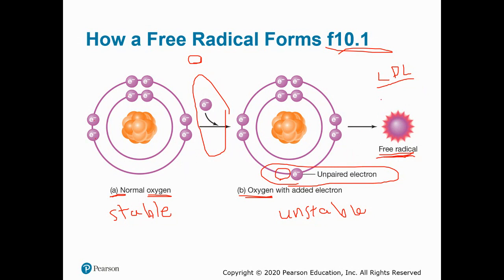And then the other example are the phospholipids in the cell membrane. So in that phospholipid bilayer, right? It's these phospholipids, and again, you'll notice LDLs and phospholipids are lipids. So oftentimes it is more lipid-like molecules that become oxidized. And so again, the fatty acid chain inside the membrane can be a site of unchecked oxidation.